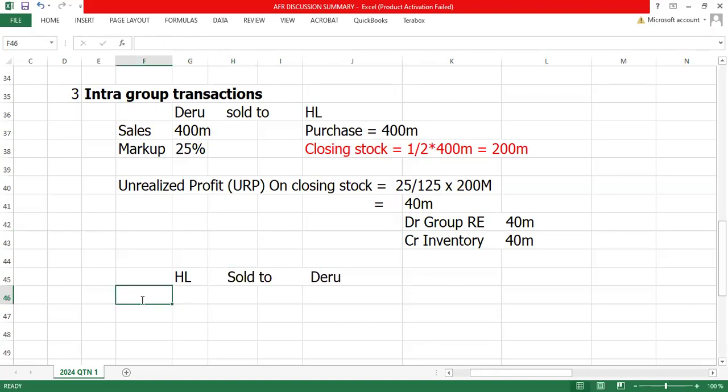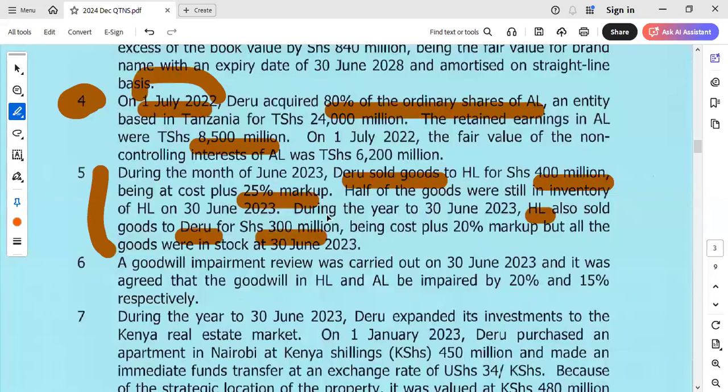So the sales is how much? The disposal amount is 300 million, and the percentage is 20% markup. Still, it is markup.